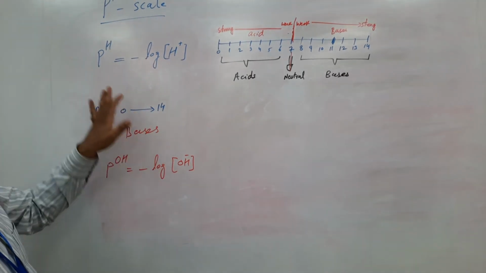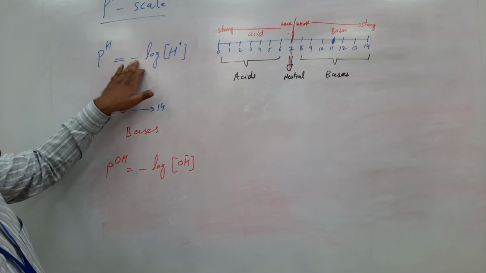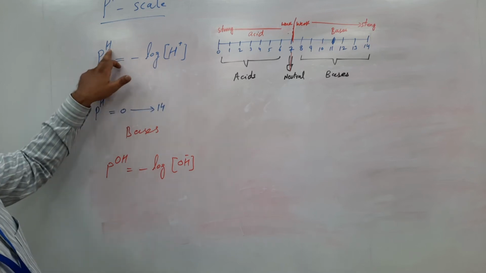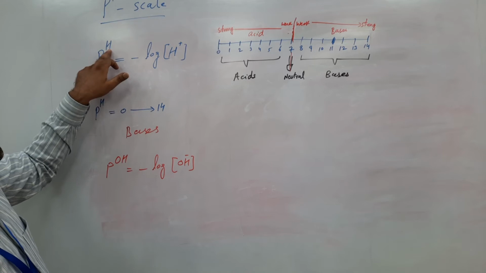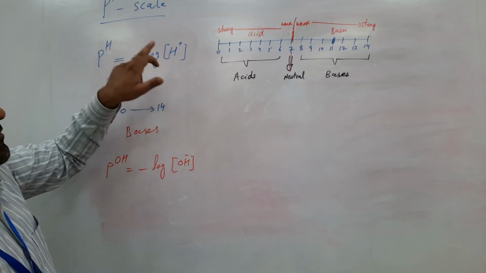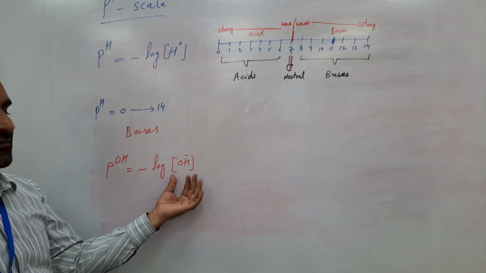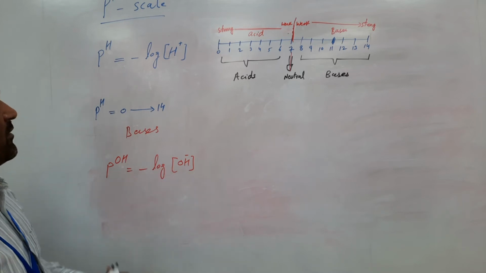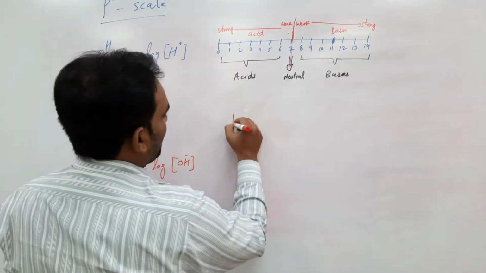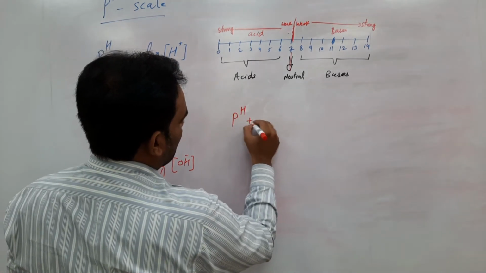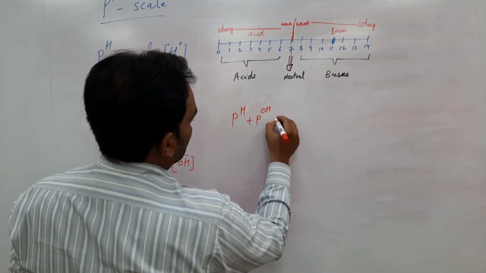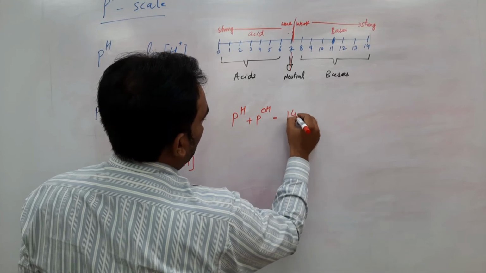So on the basis of that concept, pH is equal to minus log of hydrogen ion. This H will indicate that you have to write the concentration of hydrogen ion, and this OH will indicate that you have to write the concentration of hydroxide ion. And this concept is actually pH plus pOH is equal to 14.